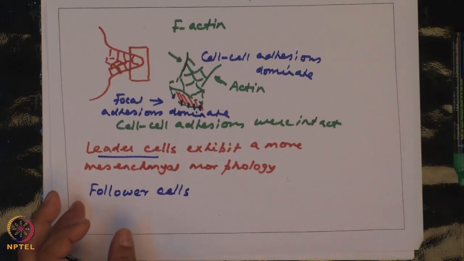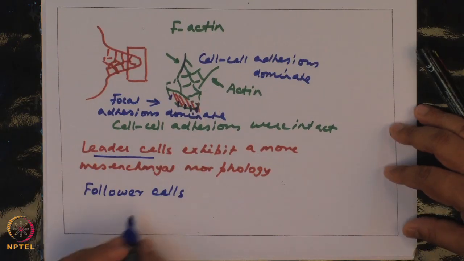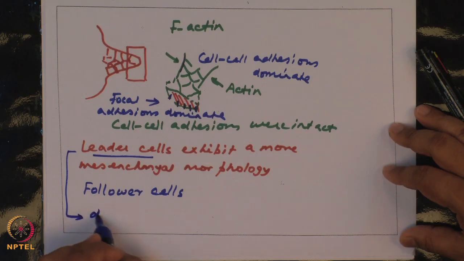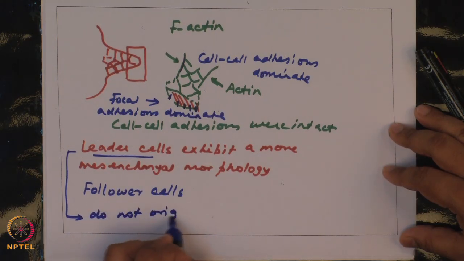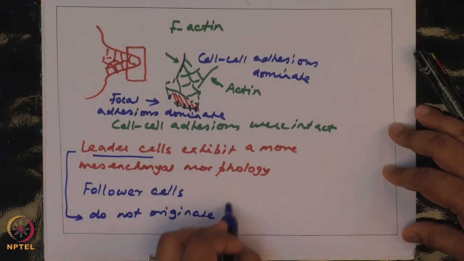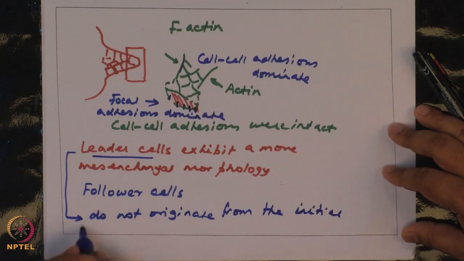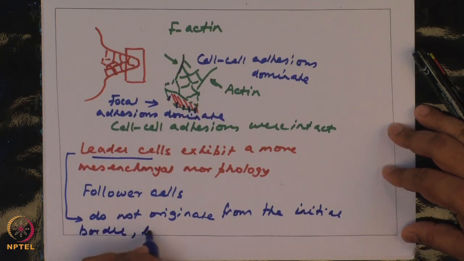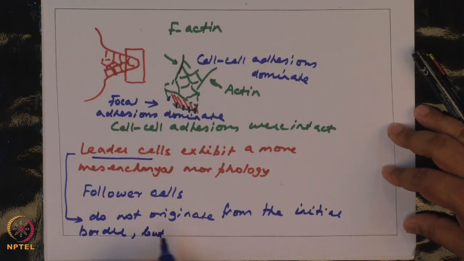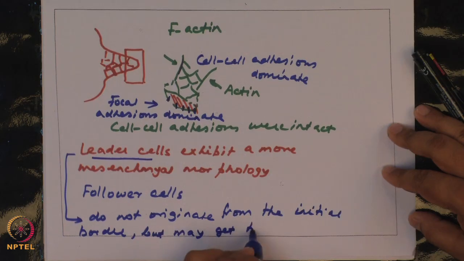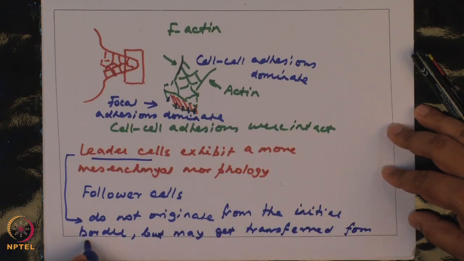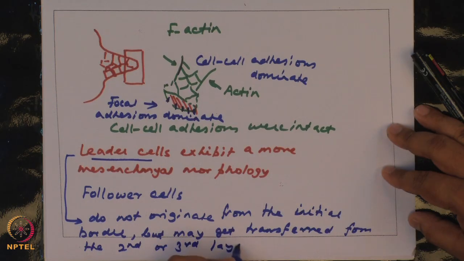Now, the flow profile I discussed suggests that these leader cells do not originate from the initial border, but may get transferred from the second or third layer inside.